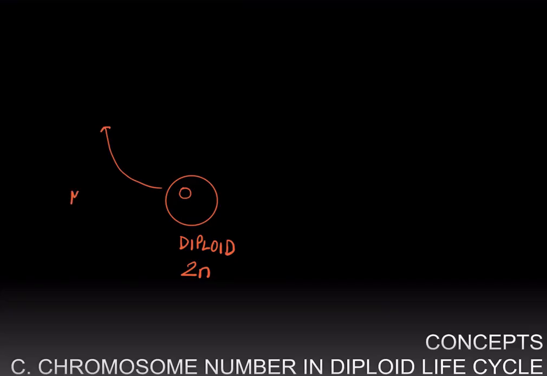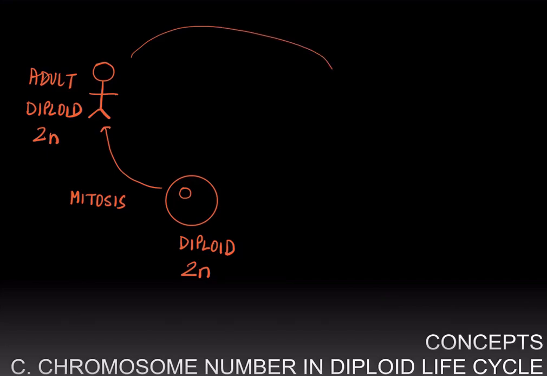Now, the zygote is going to undergo mitosis, repeated cell division, until you get an adult individual. We'll talk about it in a bit, but during mitosis, cell division, the DNA is copied, and therefore the number of chromosomes and the amount of DNA does not change in the cell, and therefore this adult is also diploid and has 2n chromosomes.